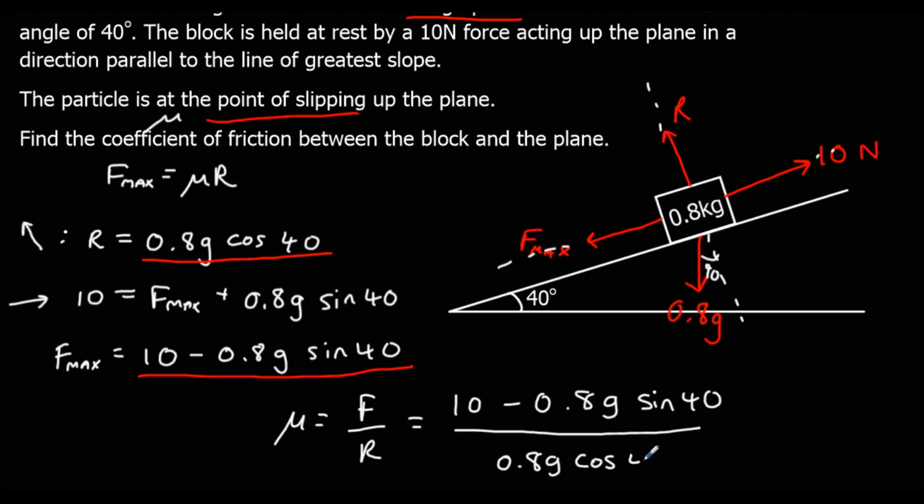So we'll type it into the calculator, changing g to 9.8 as we go. And we get out our mu of, to two significant figures, 0.83.